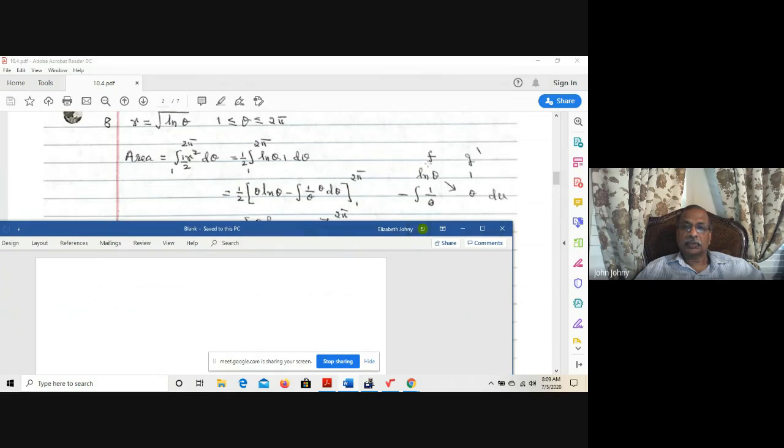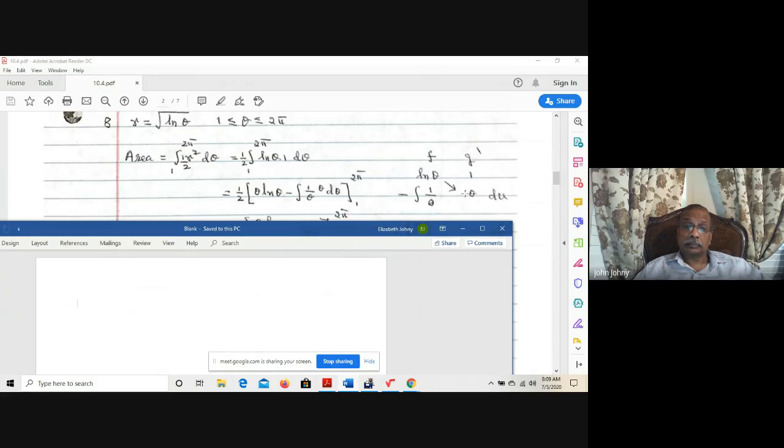f is natural log of theta, g prime is 1. The derivative of natural log of theta is 1 over theta, and the integral of 1 is theta. And now f times g, that is theta times natural log theta minus the integral of f prime g.